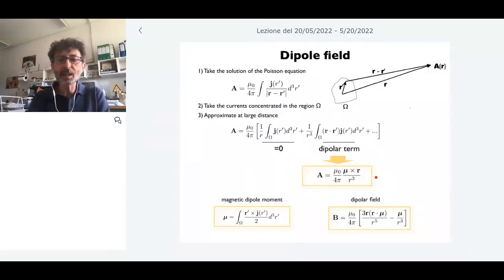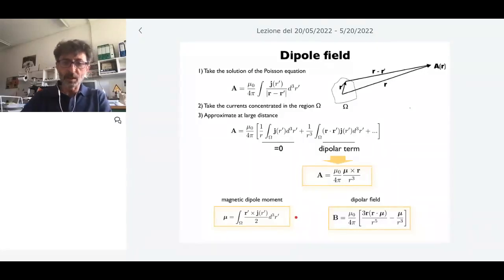This is exactly what we had in mind at the beginning, to identify a quantity that is responsible for the far field behavior. The first term which is responsible is the dipolar term, and the quantity is called the magnetic dipole moment. How can I compute the dipole moment?